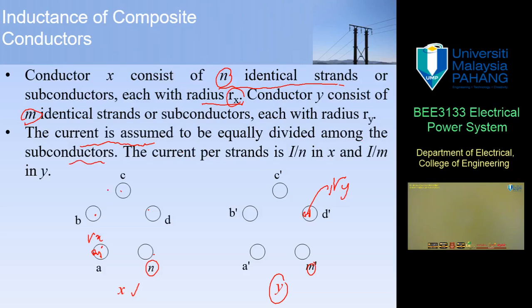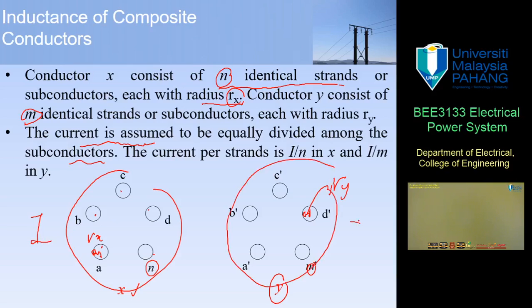Okay, like I told you, this part of current, so all current are I. The magnitude of both, this one also I, but the direction is different. That's why I get minus I, but the magnitude itself is I. So each current is assumed to be equal across all subconductors.